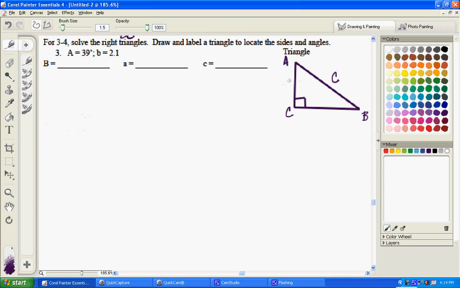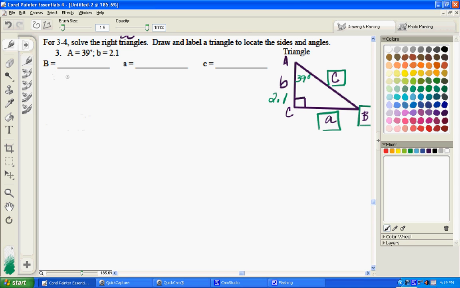Side C is the hypotenuse, side B is across from angle B, and side A is across from angle A. They give us two pieces of information, that this angle is 39 degrees, and that this side is 2.1. And what we're going to do is we're going to solve for angle B, we're going to solve for side C, and we're going to solve for side A.